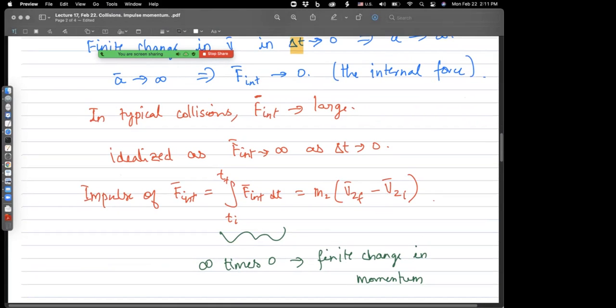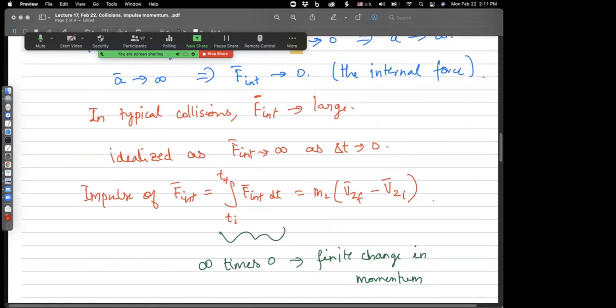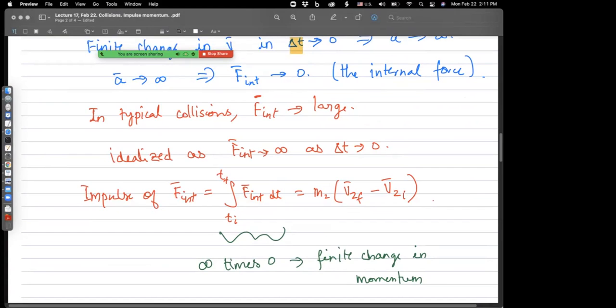The impulse of this F internal is basically the integral of F internal dt. And that's of course equal to m2 v2 final minus m2 v2 initial. Impulse equals change in momentum. Now we are applying it to just m2, right?